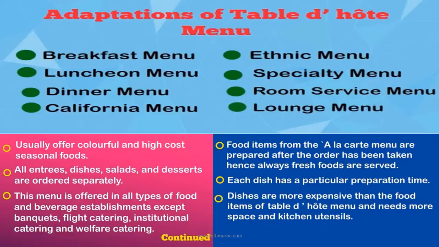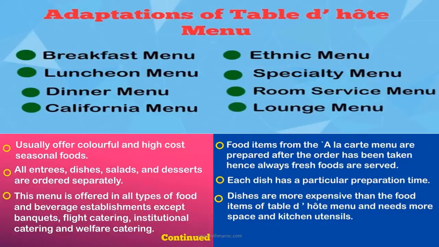Food items from the a la carte menu are prepared after the order has been taken, hence always fresh foods are served. Each dish has a particular preparation time. Dishes are more expensive than the food items of the table d'hote menu and need more space and kitchen utensils.